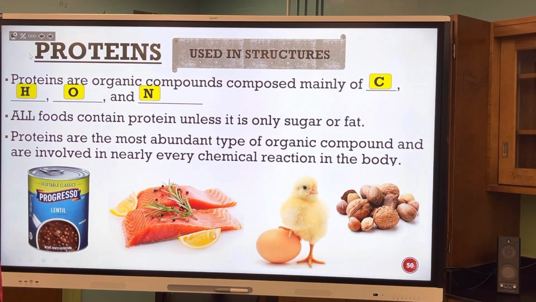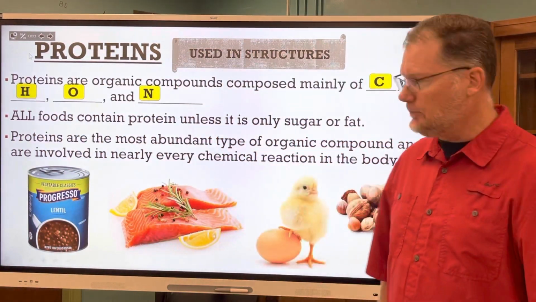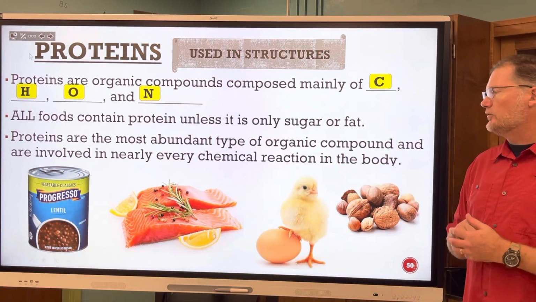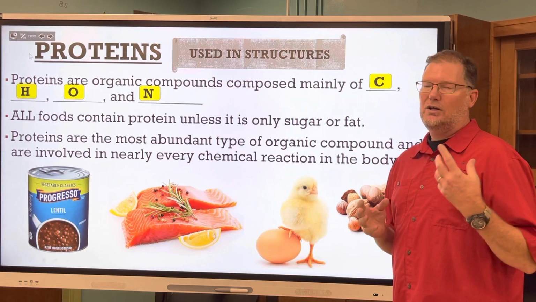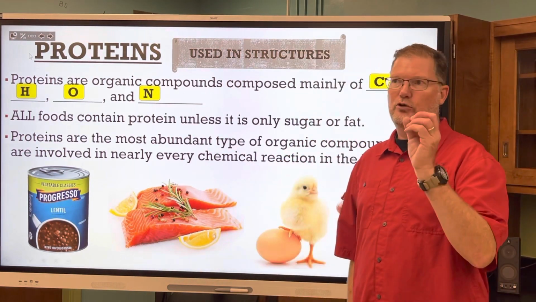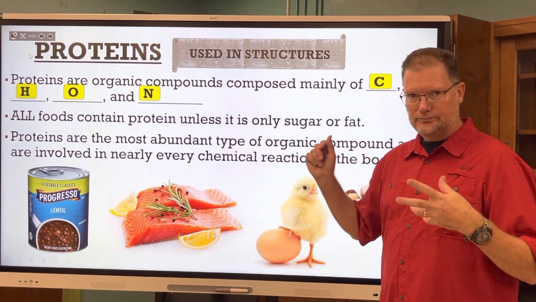All foods contain protein unless it is only sugar or fat, which is kind of what I just said. Proteins are the most abundant type of organic compound and are involved in nearly every chemical reaction in the body. So virtually every food, unless it's pure sugar, okay?